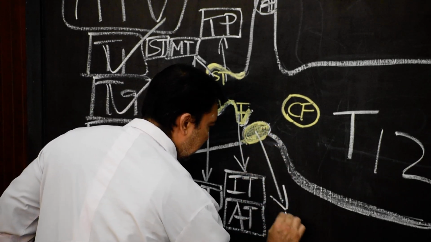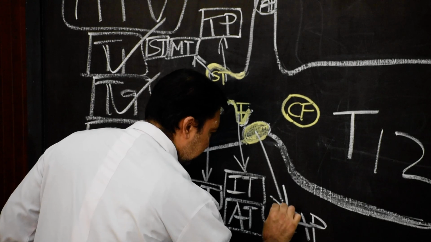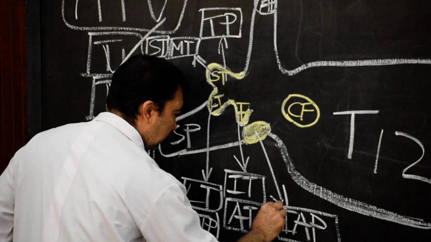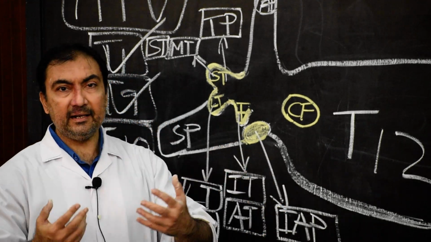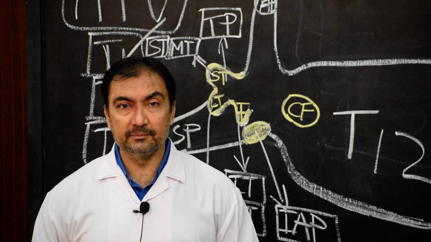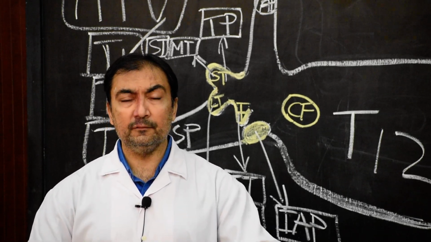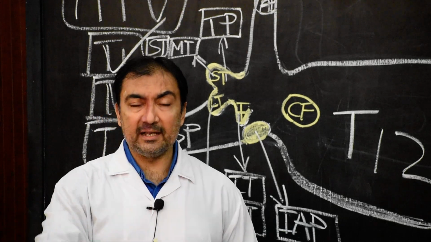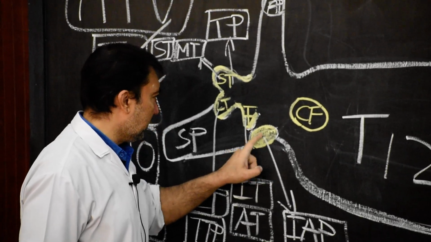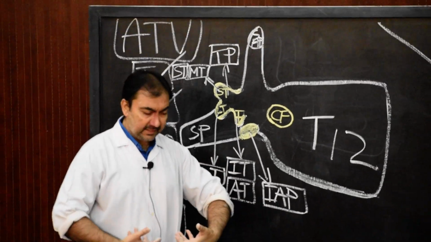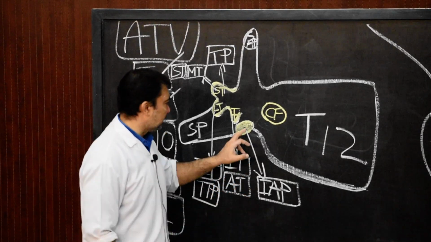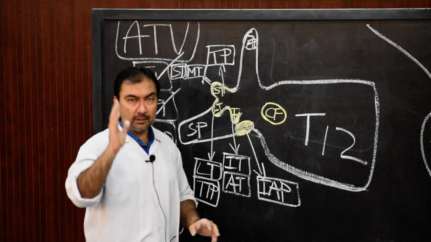Now these inferior articular processes or facets are directed laterally and forwards, just like lumbar vertebrae. The inferior articular processes of T12 are directed once again laterally and forwards. They are open laterally and forwards, just like lumbar vertebrae. This is feature number 3 of T12.